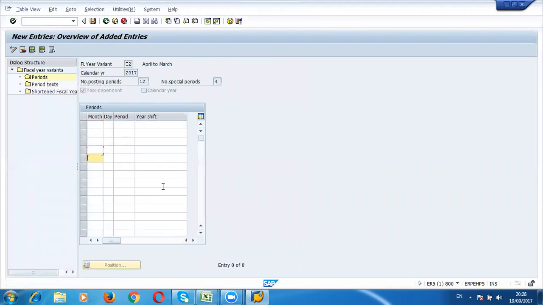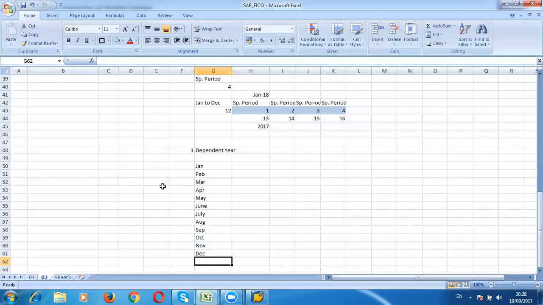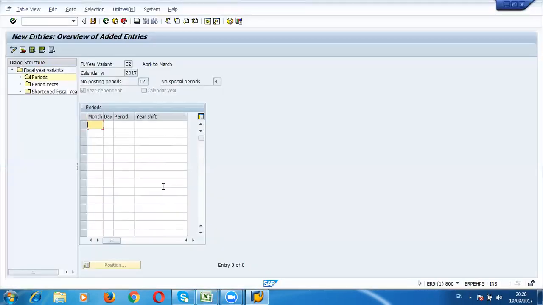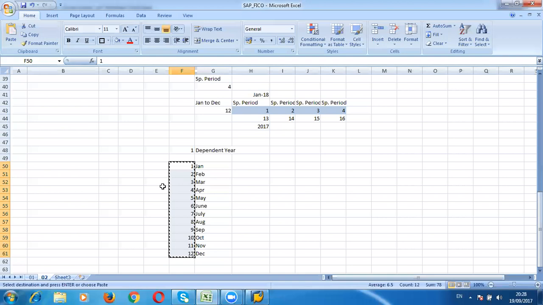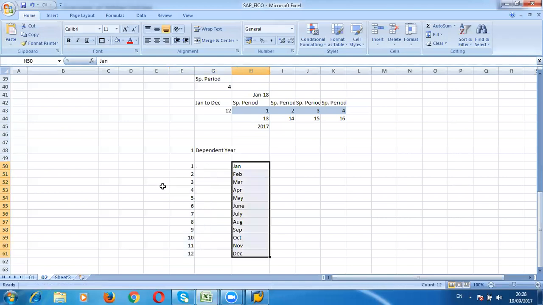It's asking about the month. Our month starts from 1, and we have 12 periods, so I'm posting 12 here. Now the system is asking about the days, how many days you have.